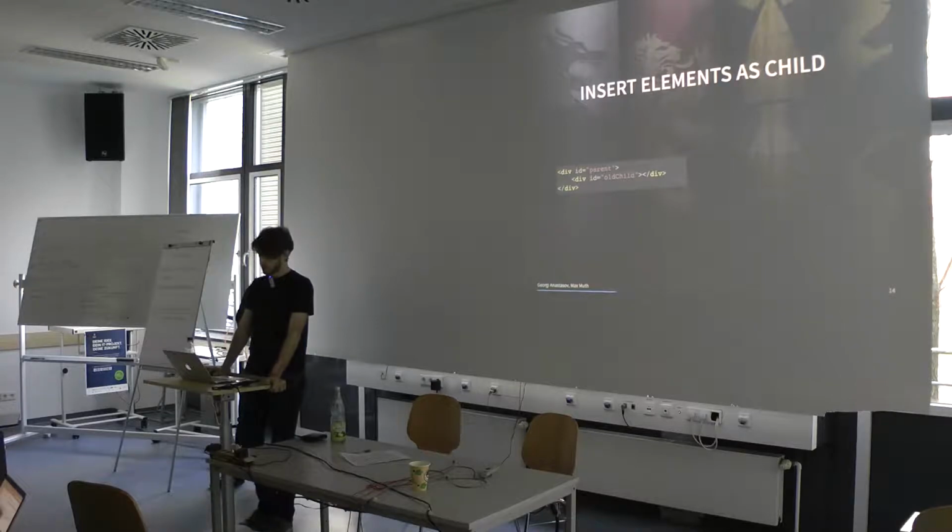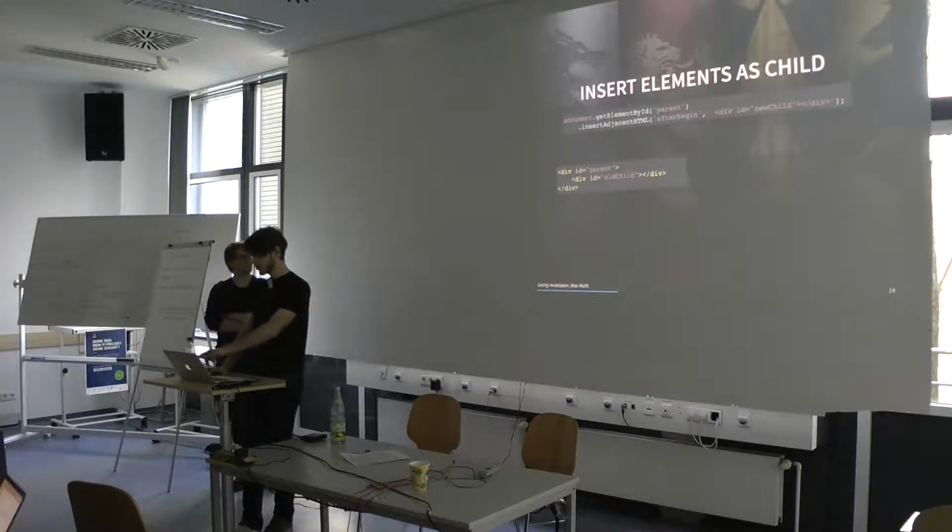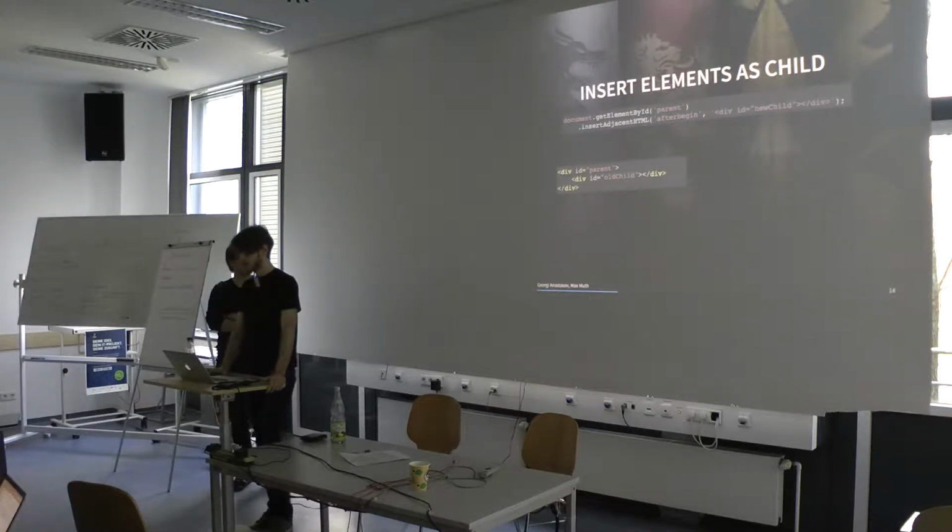So we want to add children to a node. For example, we begin with parent and our child, and this is the JavaScript code. We find the parent with get element by ID and insert adjacent HTML after begin.